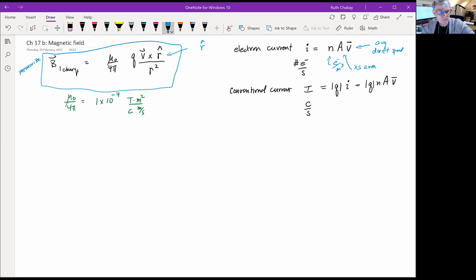Now there's kind of an interesting thing about this relation, the Biot-Savart relation, predicting the magnetic field from a moving charge, and it's this.